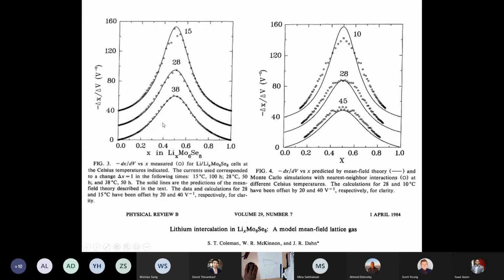So this here is another set of figures from the same paper. Let's take a look at it. Figure 3 shows this dx dv plotted versus the composition at different temperatures.